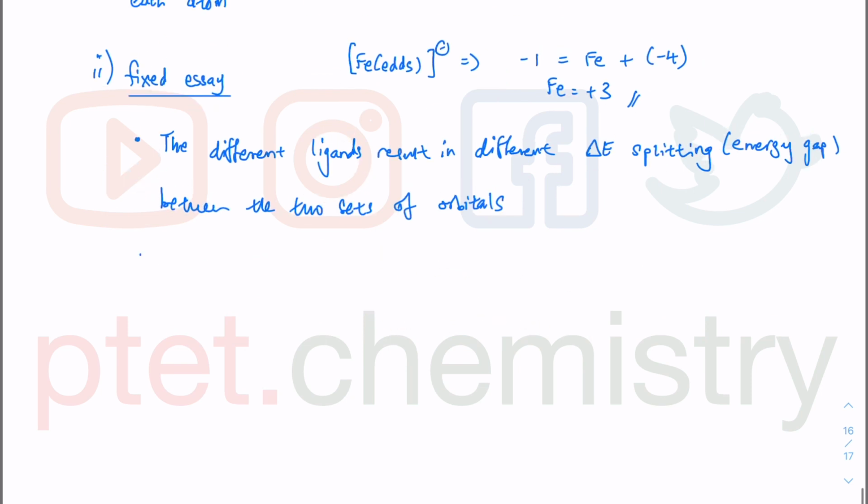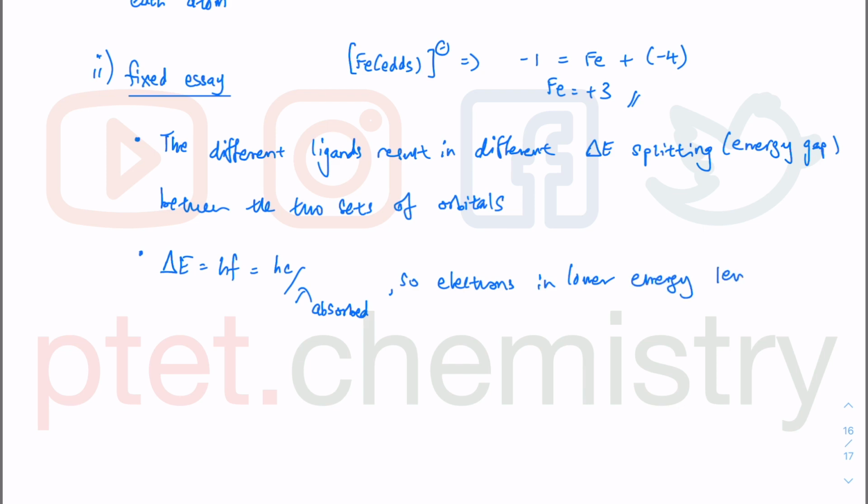Because you have different splitting, delta E is equal to hf, which is equal to hc over lambda. This lambda refers to the wavelength of the visible light being absorbed. So the electrons in the lower energy level absorb visible light of different wavelength.